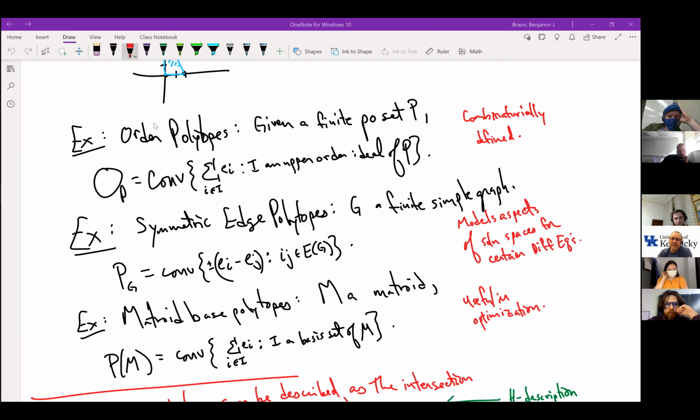There's tons of examples. But one example is order polytopes.